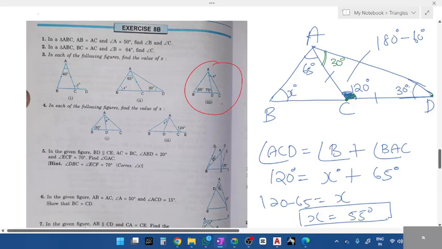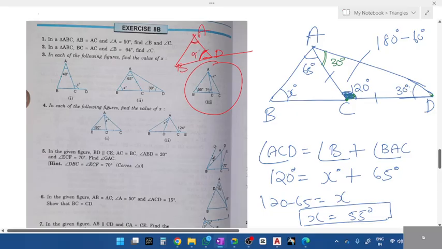Look at the third one, students. What are the two triangles formed in the third one? ABD is one and ADC. In ABD, how many angles are already given? So how do you find the third angle? Which formula do we use? Sum of interior angles.